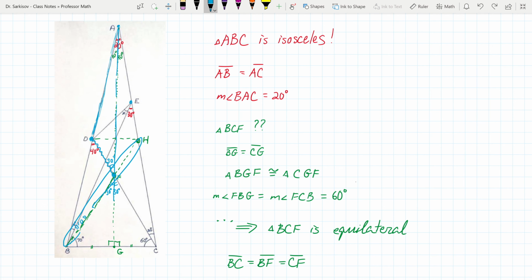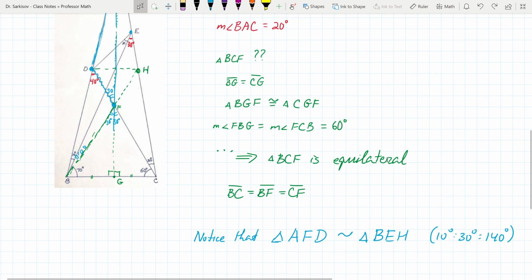Let's look at this. We can quickly say that BH and AD are equal because BH is symmetric to this length DC, or CD. So the length of BH is equal to the length CD.